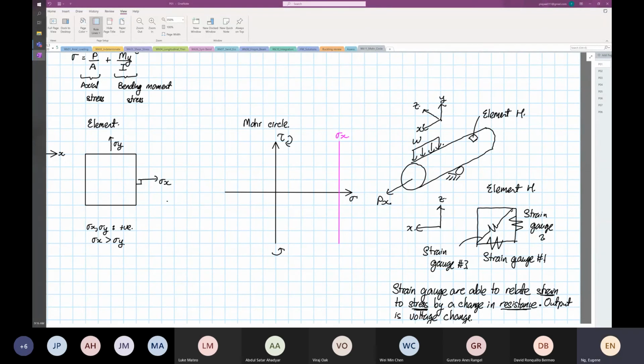And on the other side, this is your stress Y line.